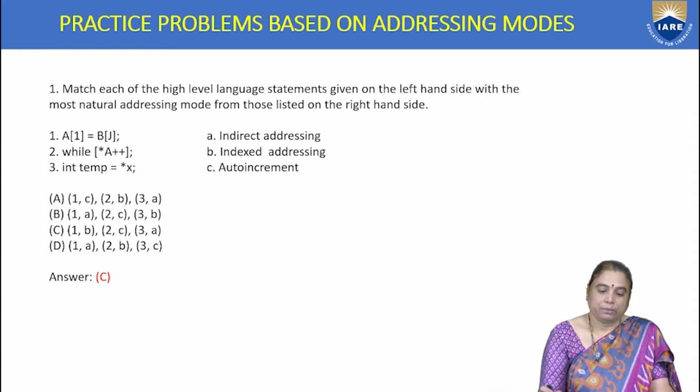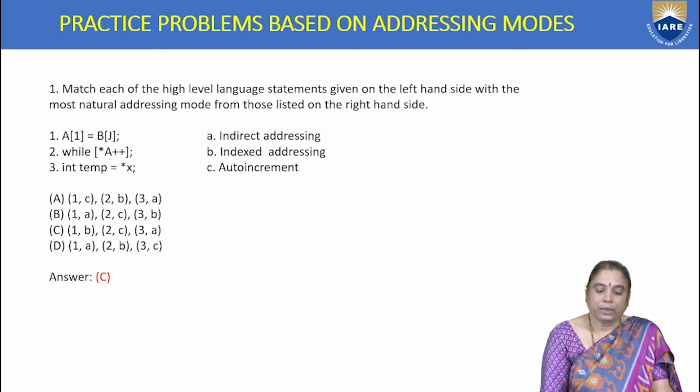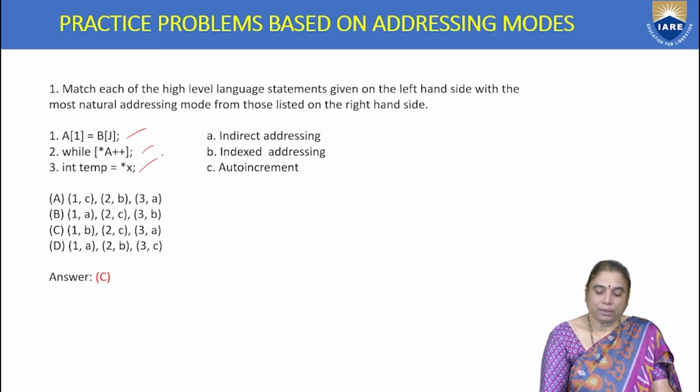So the first one is: match each of the high level language statements given on the left hand side with the most natural addressing mode from those listed on the right hand side. So here is a matching question. The addressing modes are given here, and three types of examples are given.